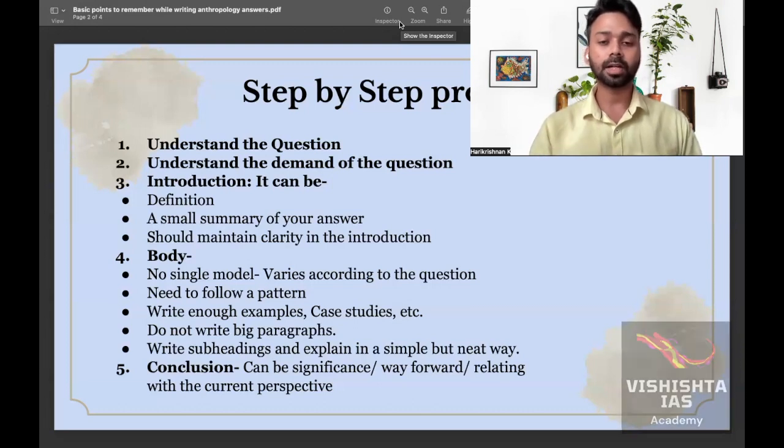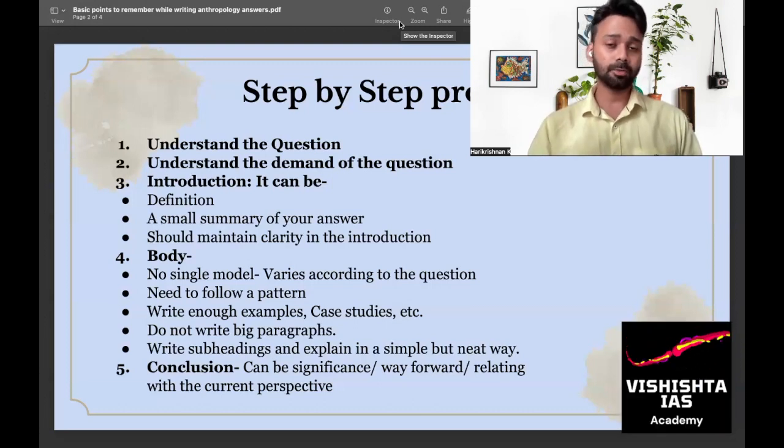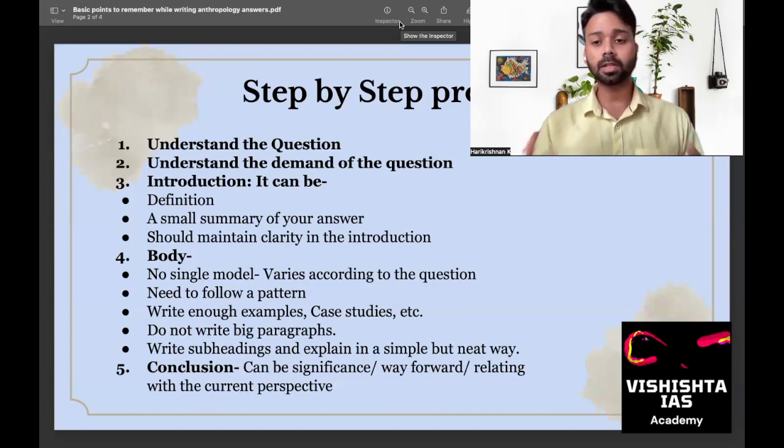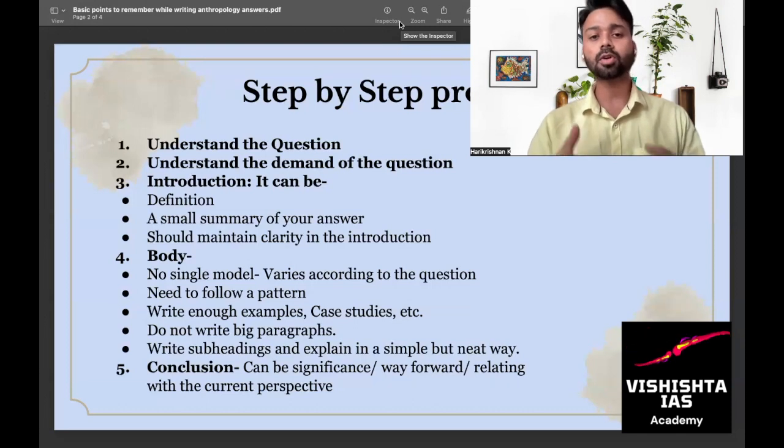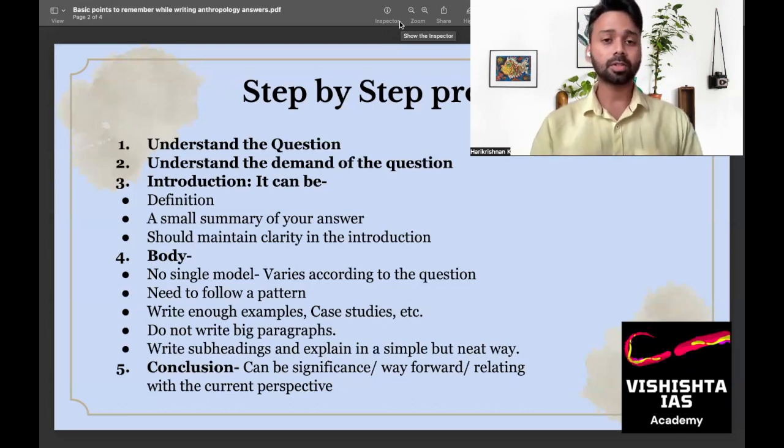Or if they are asking you to analyze a concept, or critically analyze or evaluate, make sure the introduction gives a clear idea about what you are going to write and how your answer is going to be. So it can be a small summary or a prelude to your answer.